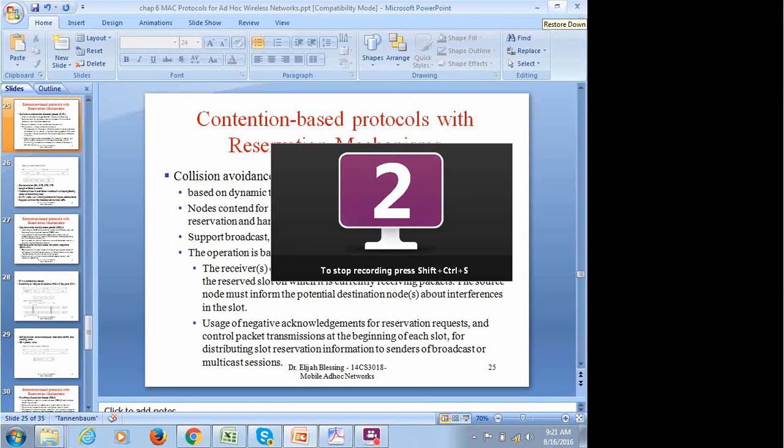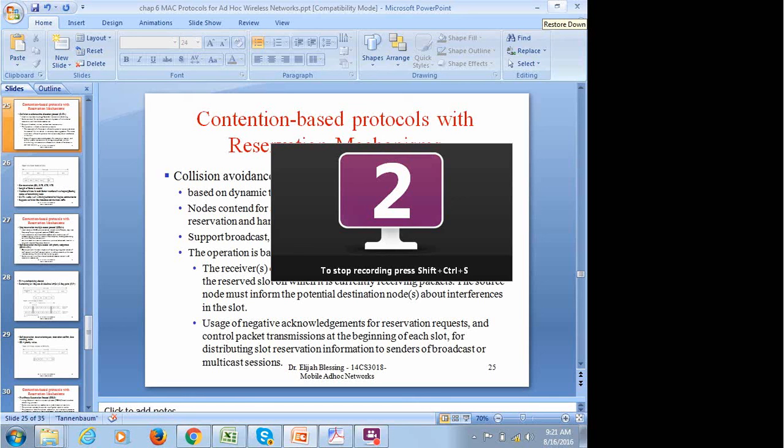In all these protocols that we have talked about so far, we never talked about giving priority to a particular node to send a data packet. Each one is considered equal, except in DPRMA where we said voice is given priority over data.